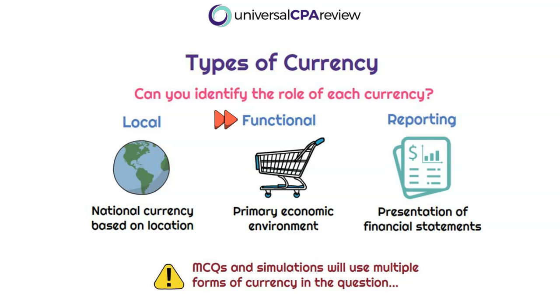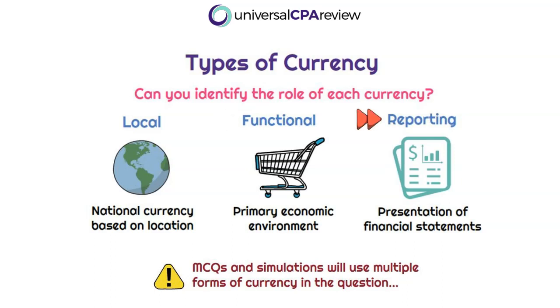Now, there's a lot of interesting methods that can be used to determine a company's functional currency. We don't necessarily need to know all of those methods or really any of them. We just need to understand the difference between the local and functional currency. And oftentimes, the question will give us hints like, basically, their operations are in this type of currency, and we know that's the primary economic environment.